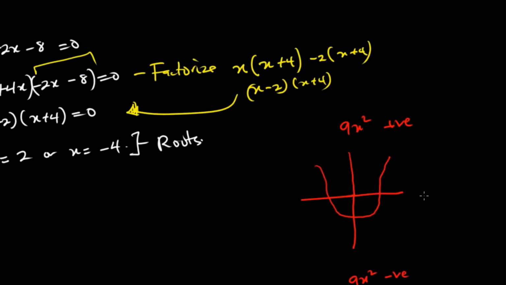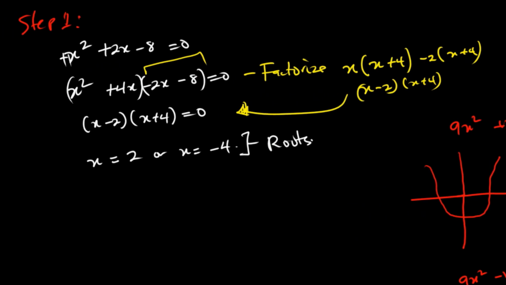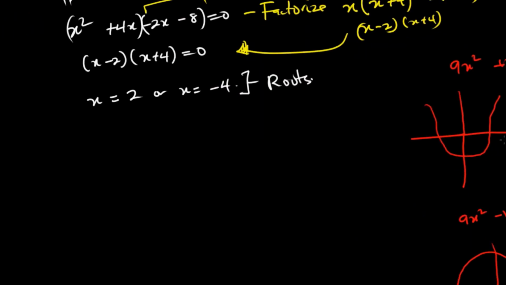Knowing this, we can now use this principle to solve our quadratic inequality. From here, we know that our graph is going to be something of this nature. Let me redraw this.